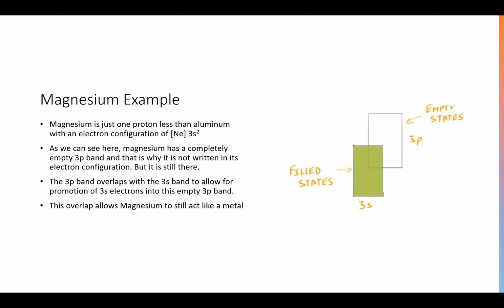A similar principle here: we're just not writing it, but it technically still has that opening. So this 3p band overlaps with the 3s band and allows for promotion of 3s electrons into this empty 3p band. This overlap allows magnesium to still act like a metal.